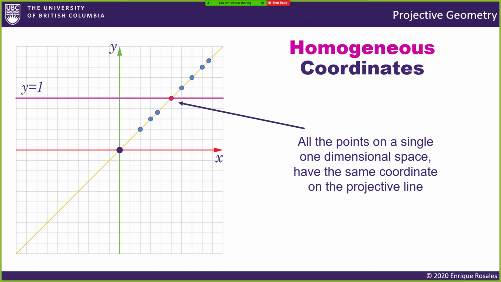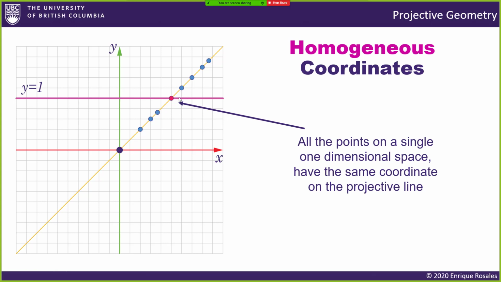So let's now study this specific line, okay? Again, this is an infinite line that is passing through the origin, and it's a one-dimensional subspace that we are calling lines for now, just to make it short. And it's passing through this projective line, right?